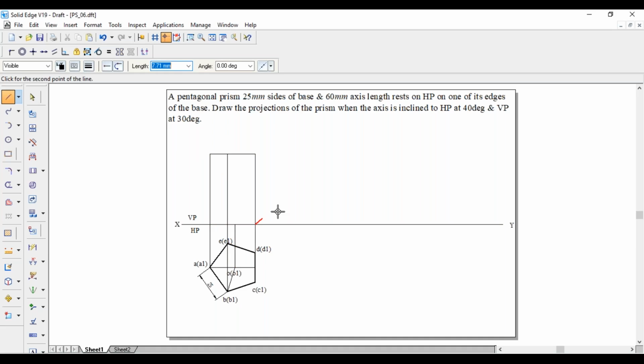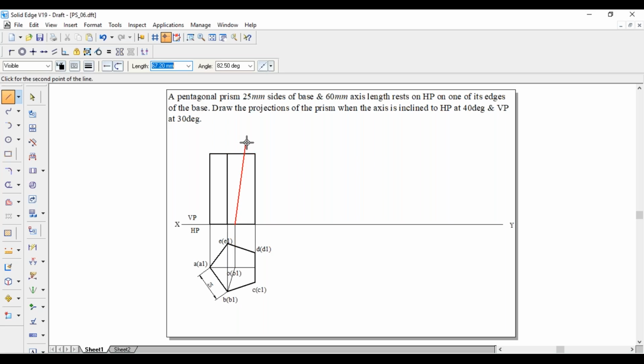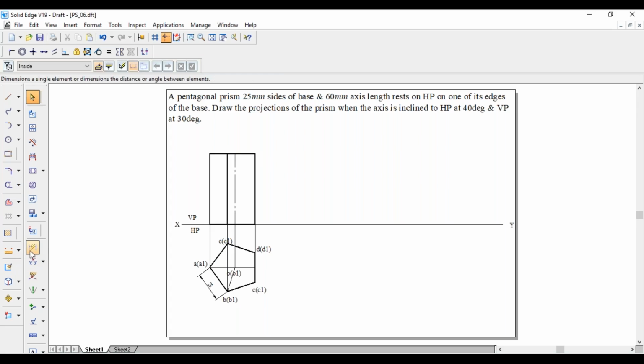And all these are thick lines only, because these are visible. As coming to the axis, it is not merging or coinciding with any edges, so show the axis separately. This length is 60.